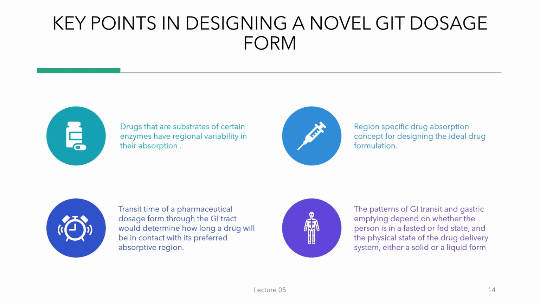It has been widely accepted that about 90% of all the absorption of nutrients takes place in the small intestine, depending on the defining characteristics of the gastrointestinal fluids and membrane surface area at different locations. Consequently, transit time of a pharmaceutical dosage form through the GI tract would determine how long a drug will be in contact with the preferred absorptive region.